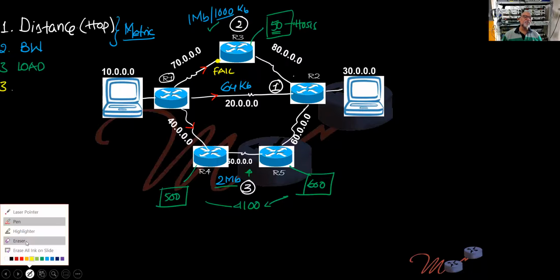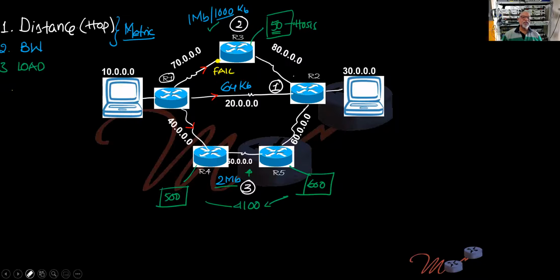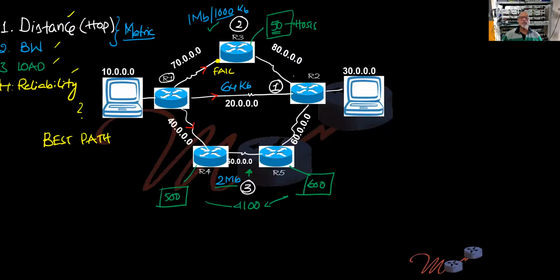If I take the reliability of the link into consideration, again, my path might change. So to calculate the best path, what should be your criteria? Is it this or this or this or this or anything else?